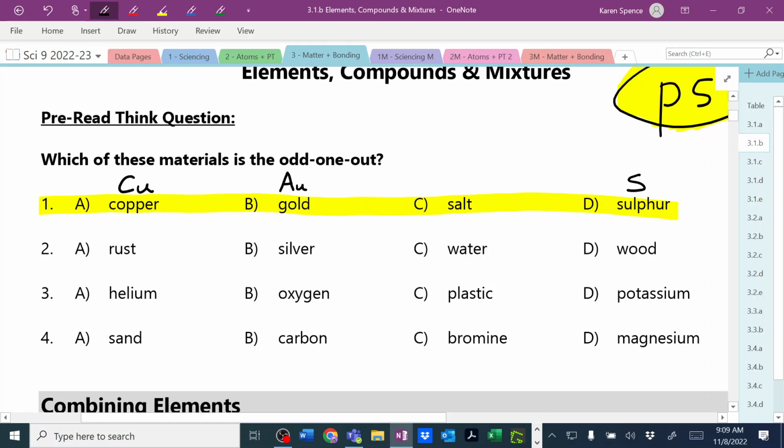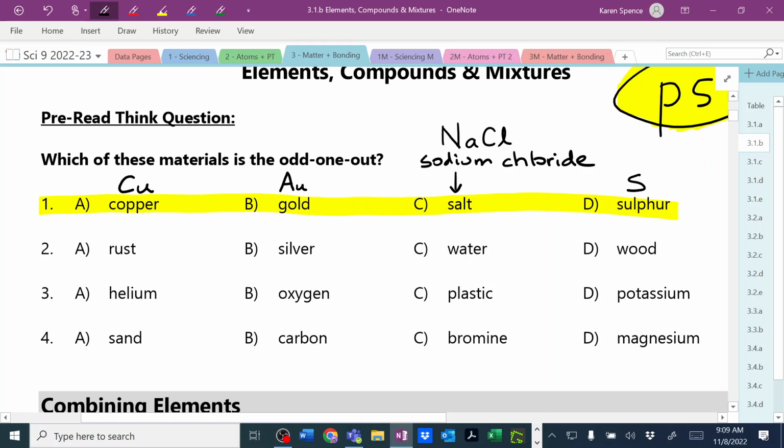S. And do you guys know the actual chemical name for table salt? It is sodium chloride. And the symbol for sodium chloride is NaCl.